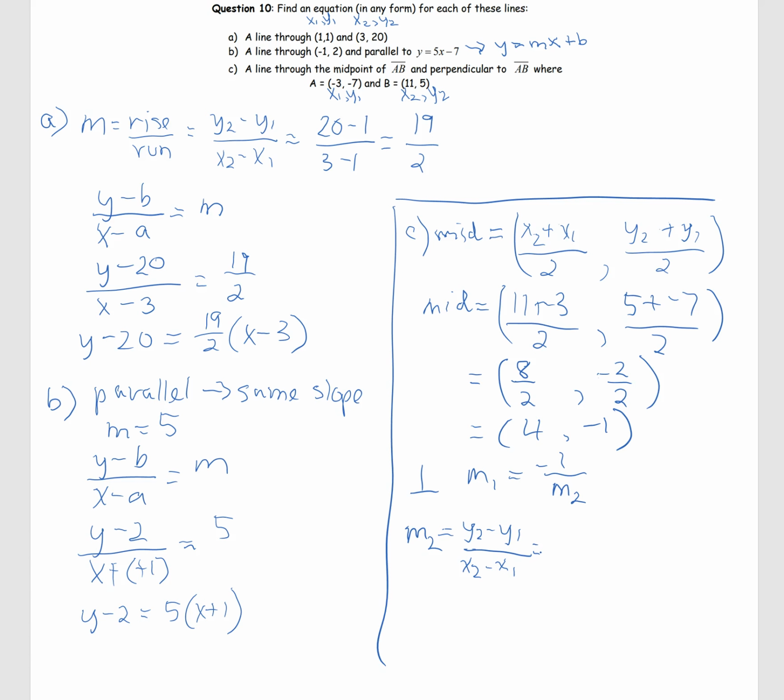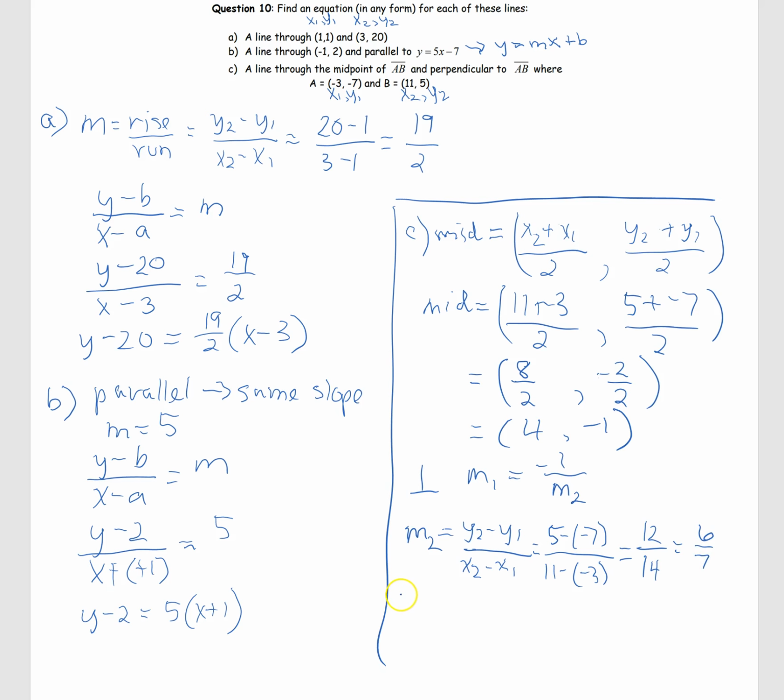All right, so plugging that in gives me 5 minus -7 over 11 minus -3, which equals 5 plus 7, which is 12, over 11 plus 3, which is 14, which equals 6 over 7.